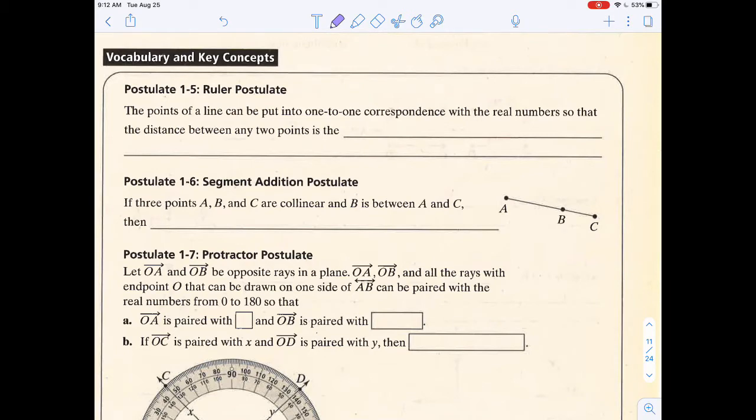The ruler postulate says the points of a line can be put into one-to-one correspondence with the real numbers so that the distance between any 2 points is the absolute value of the difference of the corresponding numbers.